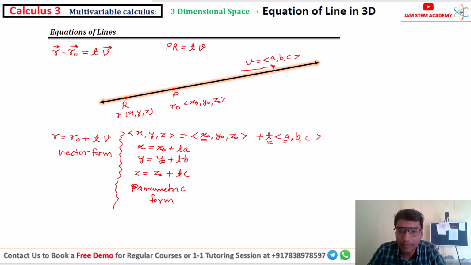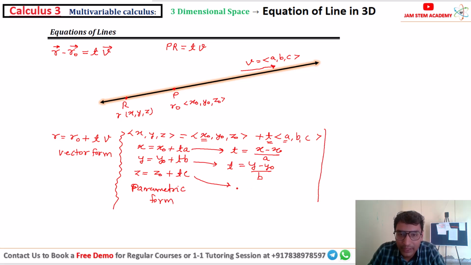There is one more form called the symmetric form or Cartesian form. What is that? From these equations, you can solve for t. The first equation says t is x minus x naught divided by a. Similarly, t is y minus y naught over b, and for the z part we have t equals z minus z naught over c.